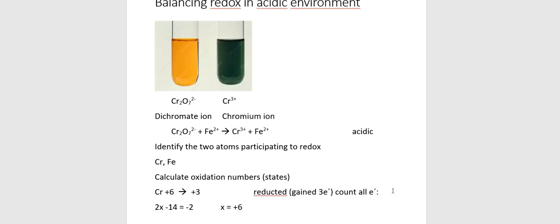So if one chromium gains 3 electrons, 2 chromium atoms which are involved in the reaction will gain 6 electrons, because I have to count all the electrons.